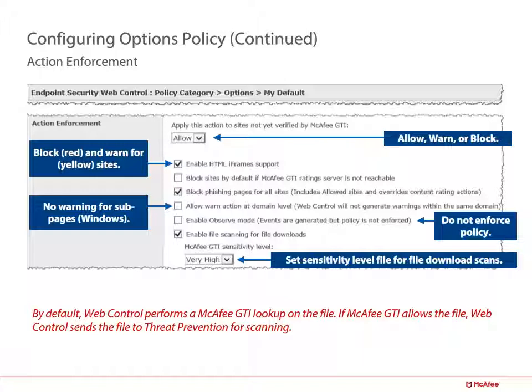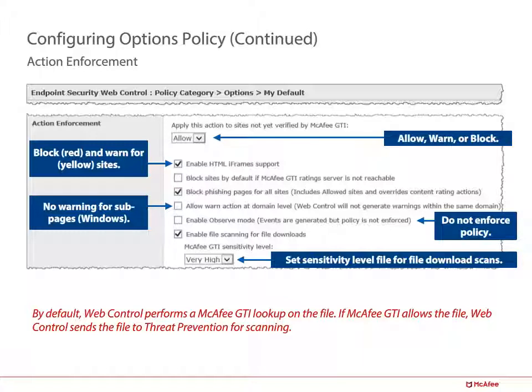Enable observe mode. The events will be generated, but the policy is not actually enforced. This is a good way to see all the different types of activity as to where your users are visiting and all the different types of file downloads, but you're not going to be blocking anything. It does not enforce the policy.